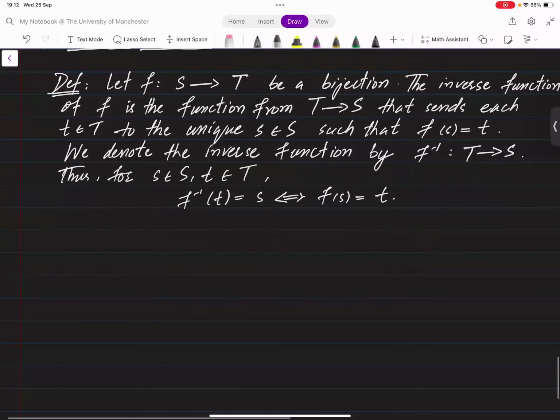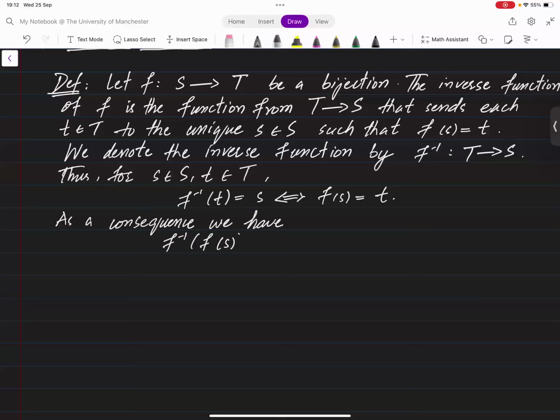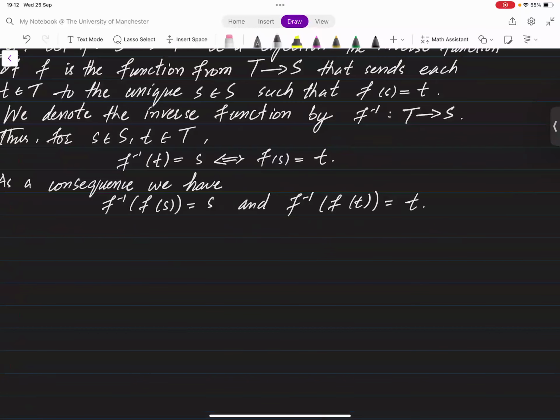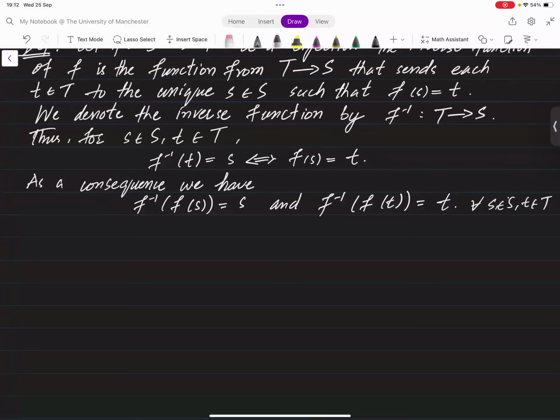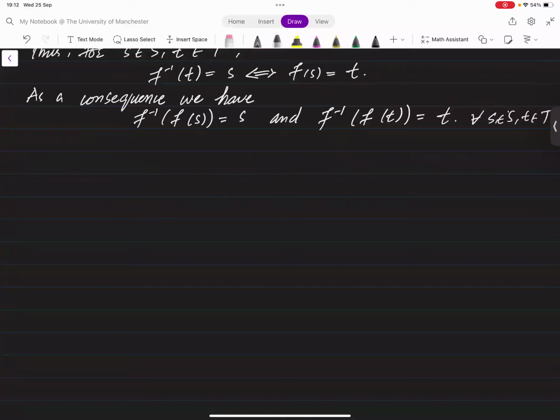Okay, and as a consequence, we have f inverse of f of s is going to be s, and f of f inverse of t is going to be t, for all s in S, t in T. Okay. Perfect.